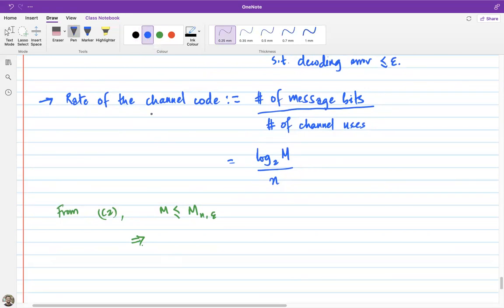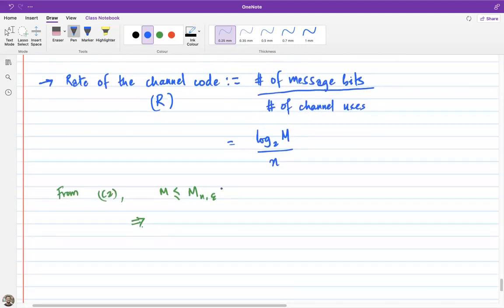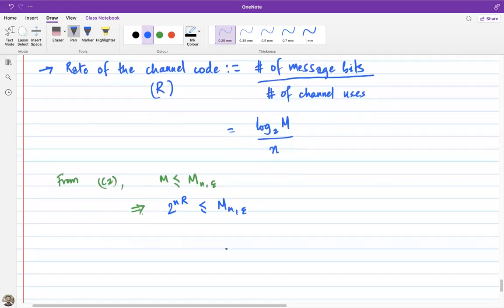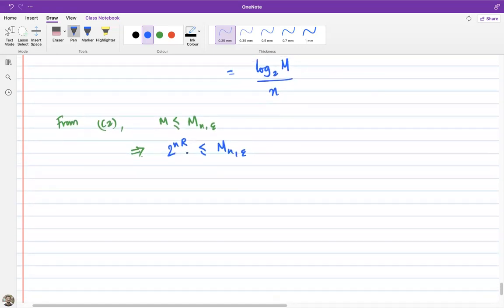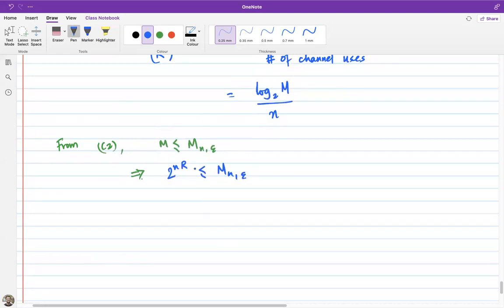If I call this rate R, then the value of m is simply 2 raised to nR, less than or equal to M(n, epsilon). Note that for any epsilon and n, this M(n, epsilon) is assumed to be given.